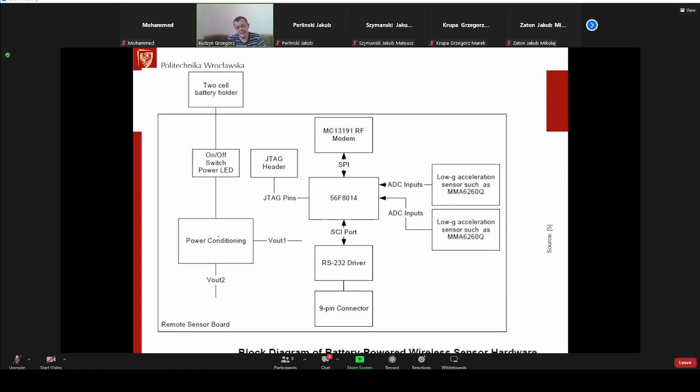And the last use case for the DSC: a battery-powered wireless sensor. Again, an example where we have a battery and a modem.